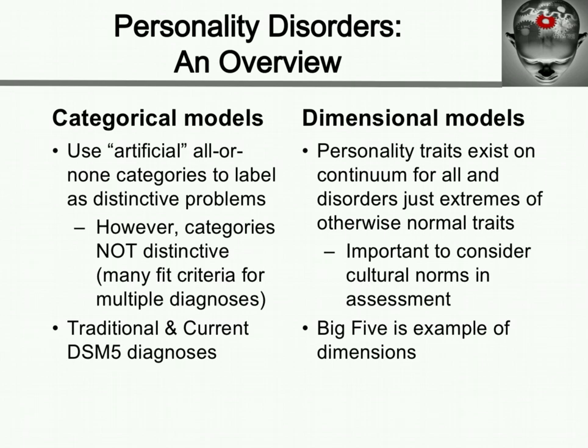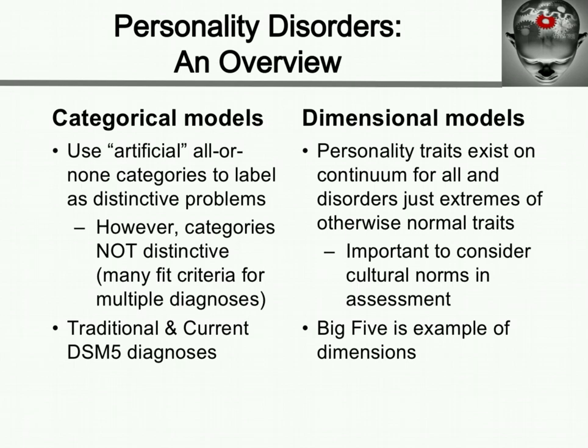They say that there are only a set number of personality traits, such as the Big Five, and that people exist on a continuum. Some are high, some are low, and disorders tend to represent people who have the most extreme version of these otherwise normal traits, and include the idea that those extremes are very rigid and inflexible.